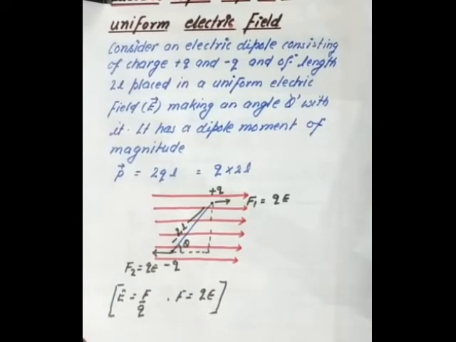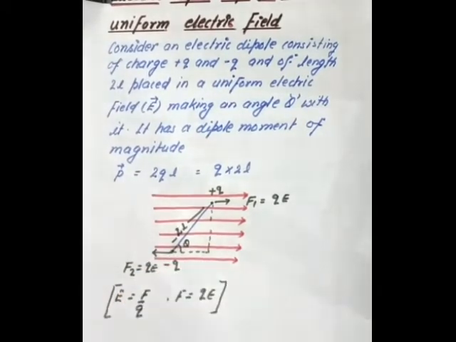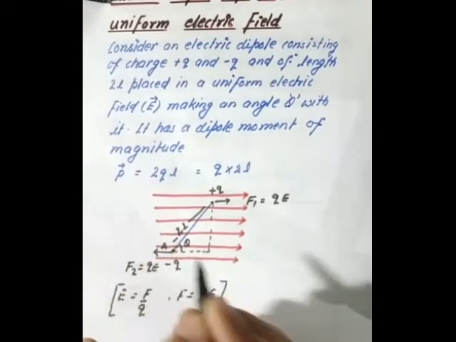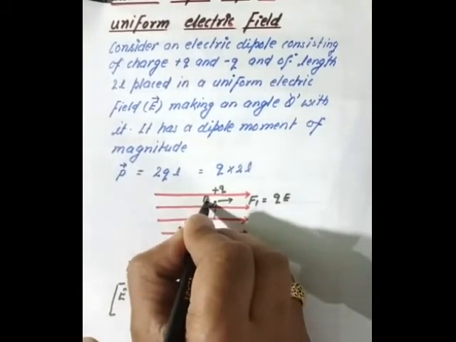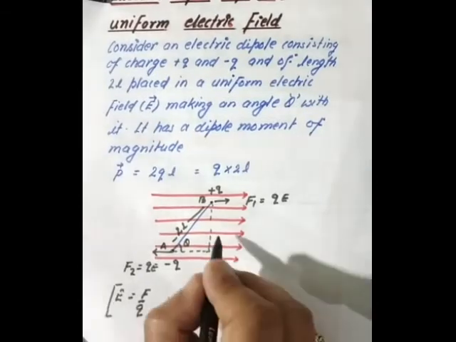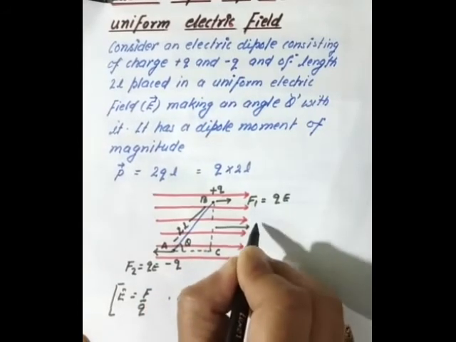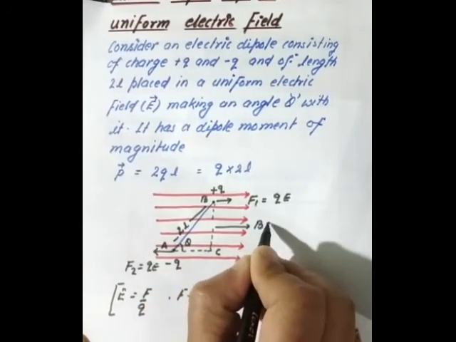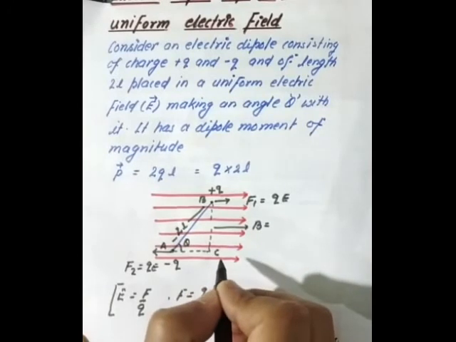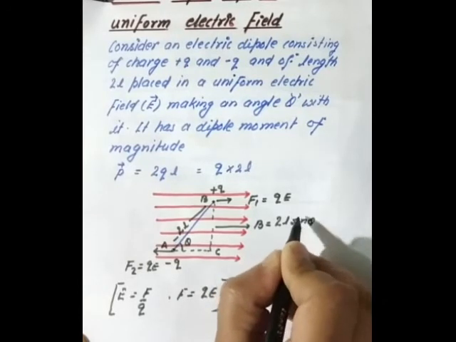This angle. Suppose this is point A, this point is B, and this point will be C. This distance BC equals 2L sine theta.